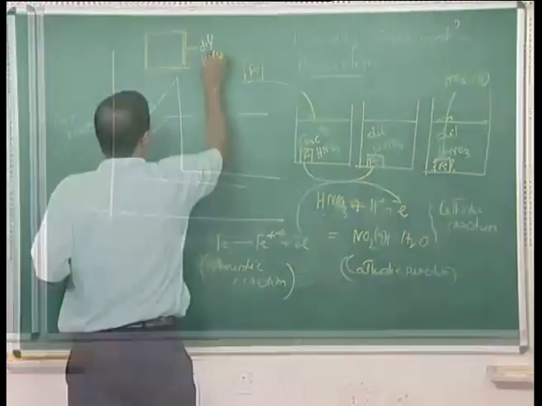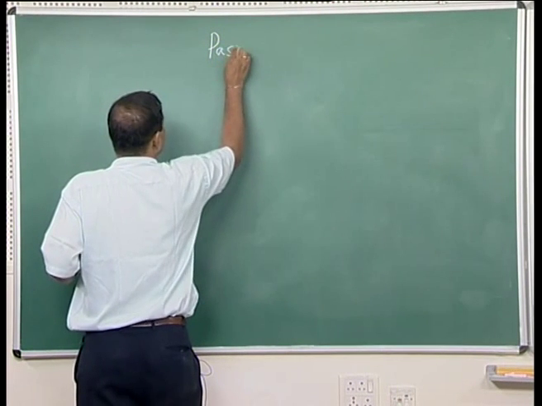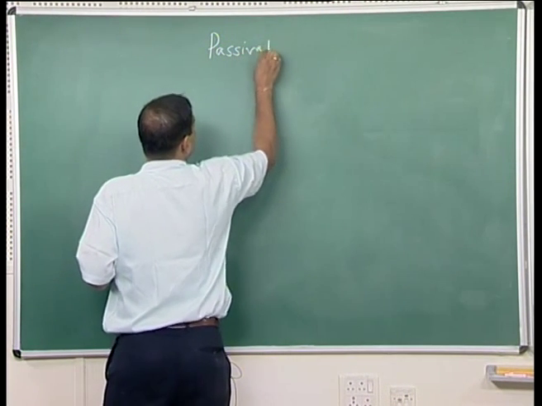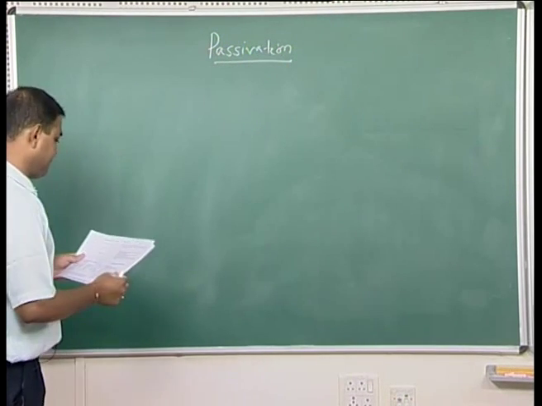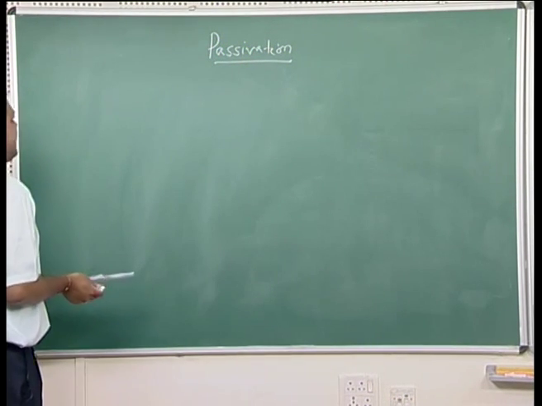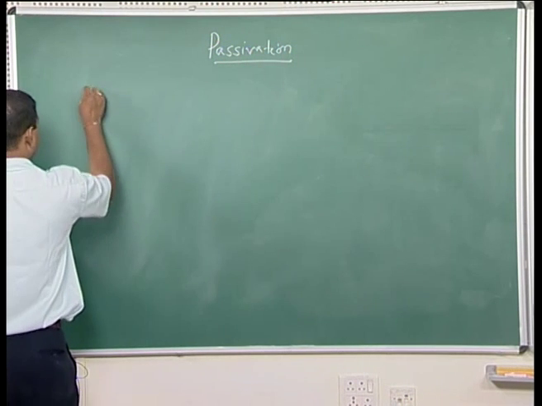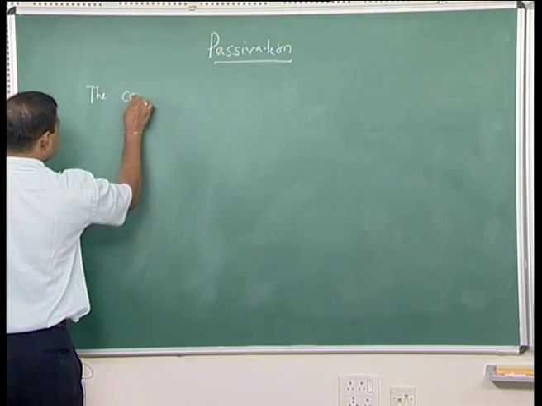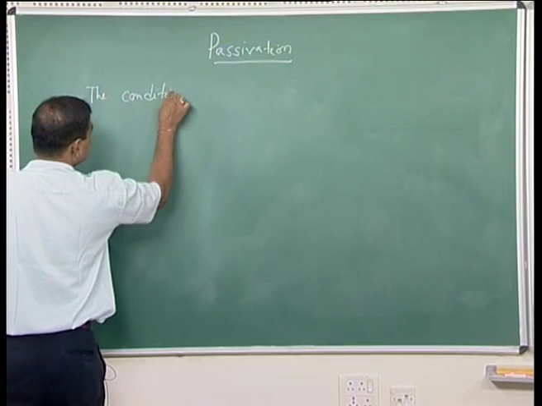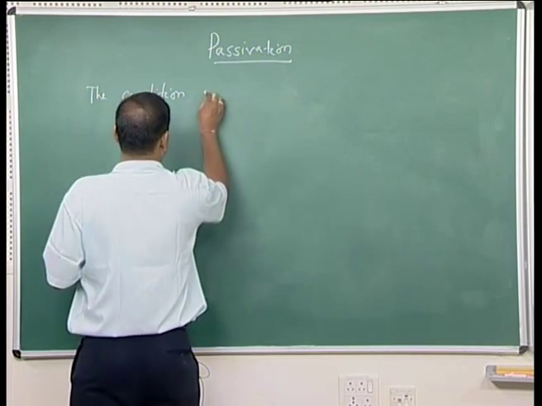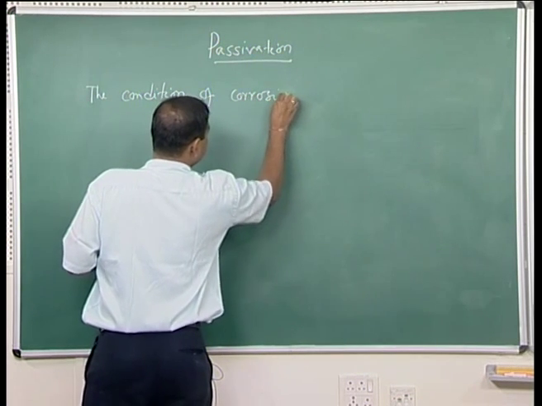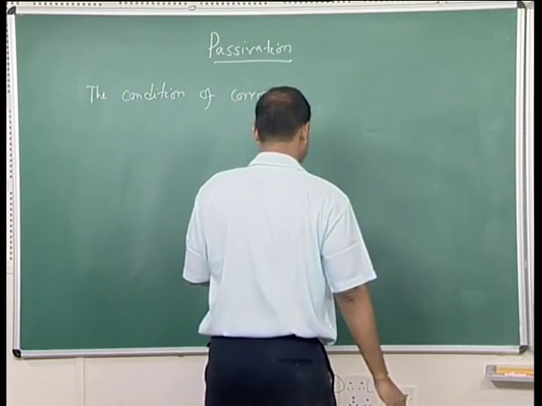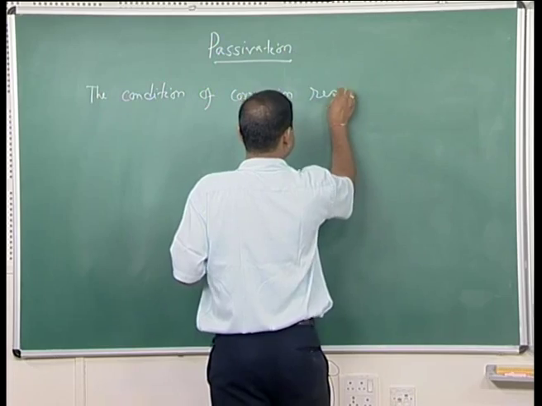Now, let us put this down. Passivation is defined as the condition of corrosion resistance.